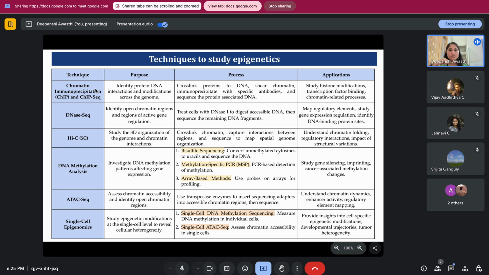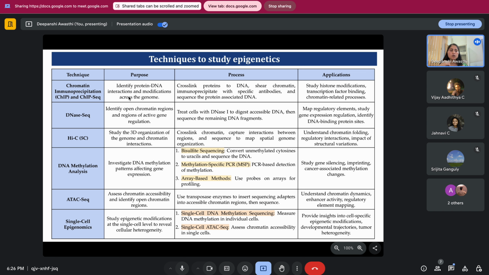Chromatin means if you have a whole chromosome, immuno means some antibodies might be involved, and precipitation means whenever protein gets precipitated. If we combine all of them, these are ultimately used to identify protein and DNA interactions and modifications across the genome.